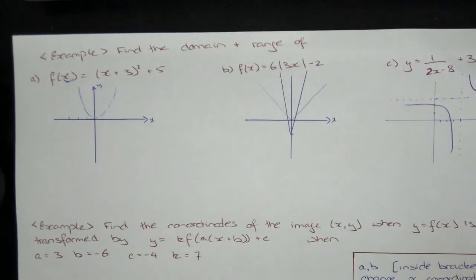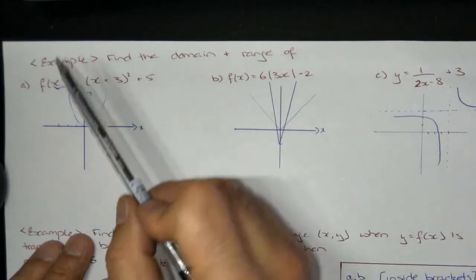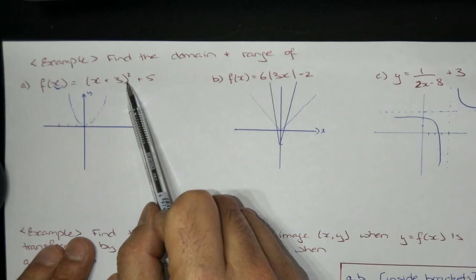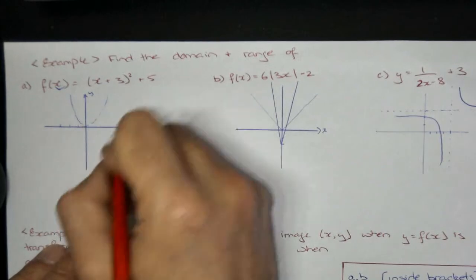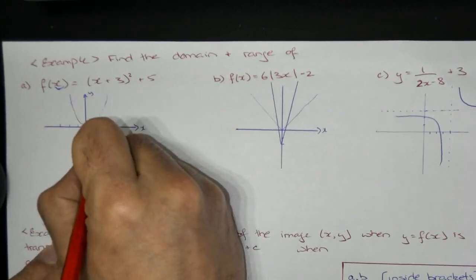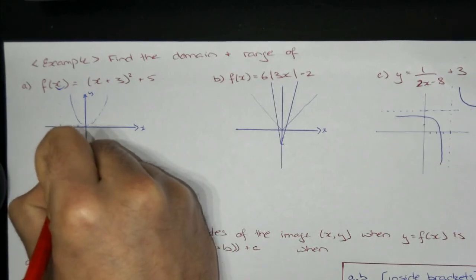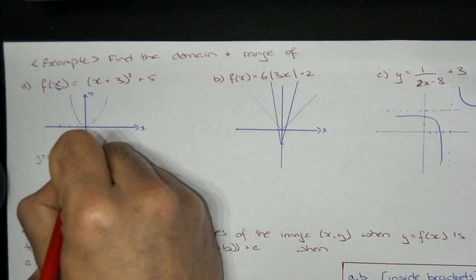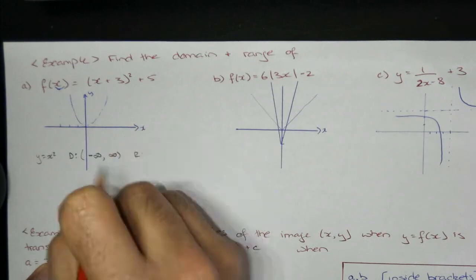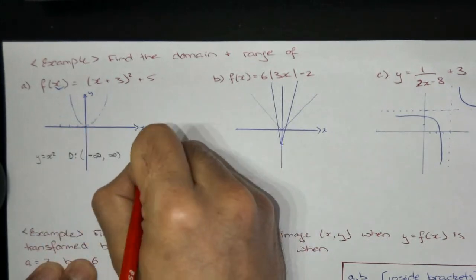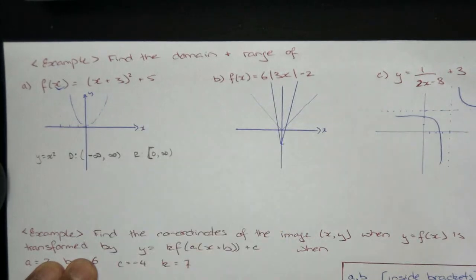Alright, a few more examples. We want to find the domain and range of these functions. We're going to start with this one, (x + 3)² + 5. What I'm going to do is write my original in pencil. If my original function is y = x², then the domain is negative infinity to infinity, and the range was from 0 to infinity.